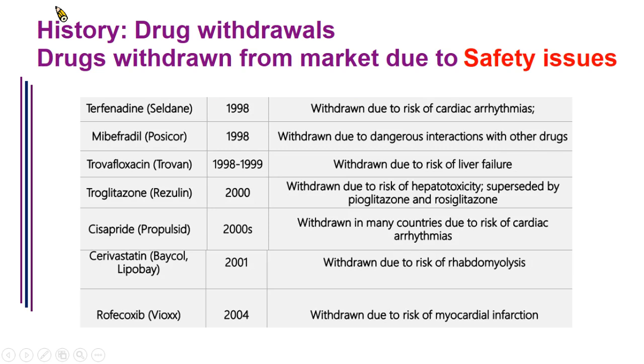We often use similar products like mosapride or domperidone or metoclopramide, but cisapride was withdrawn in the 2000s because there were reports from many countries of cardiac arrhythmia events. So there are several drugs that we can classify by the reason for withdrawal, either cardiac issues causing arrhythmias or liver toxicity, and several we can see from myocardial infarctions or rhabdomyolysis.